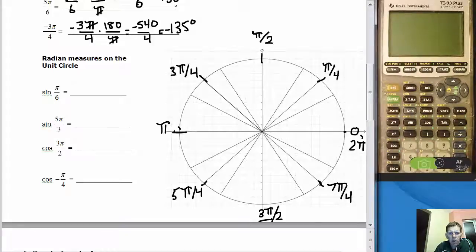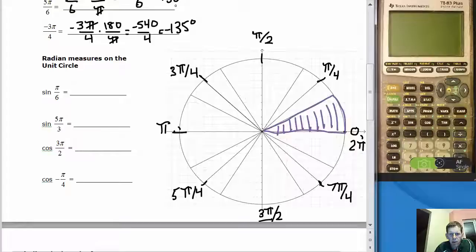Now we also have these other measurements. I'm going to use a little different color here to talk about these measurements. Pi is here. Now, if you imagine looking at this piece right here, and we'll even shade it in so you can see it, there are lots of pieces that are this size around the circle.